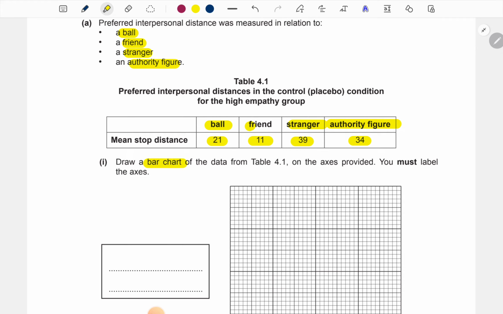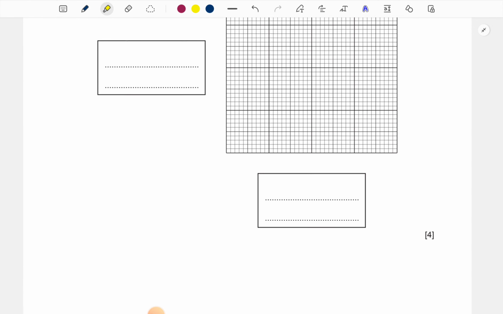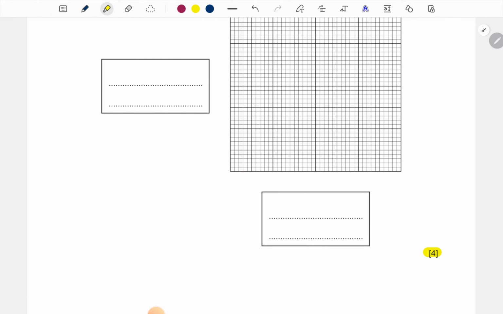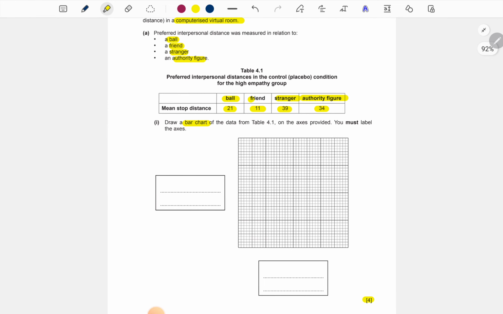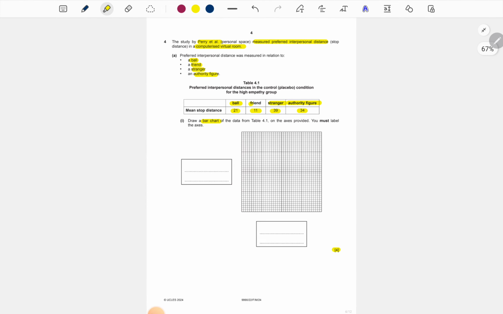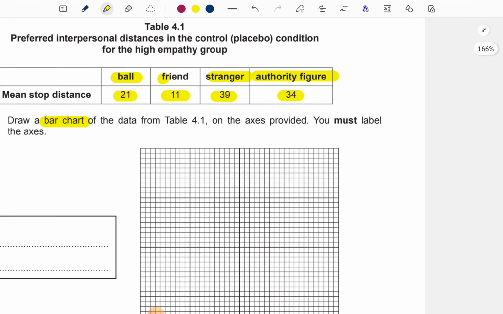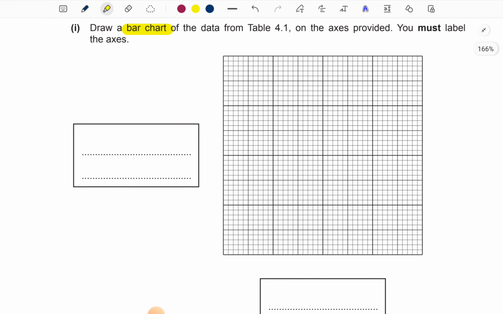So we have to draw a bar chart from the data on the table on the axis provided, and we must label the axis. Okay, this is a 4 marks question. These types of questions come for 4 marks. Students mainly worry about precision in these types of answers. Like, does my bar have to be very perfect? I won't say it has to be very perfect or precise, because you can see the graph space given also is quite less.